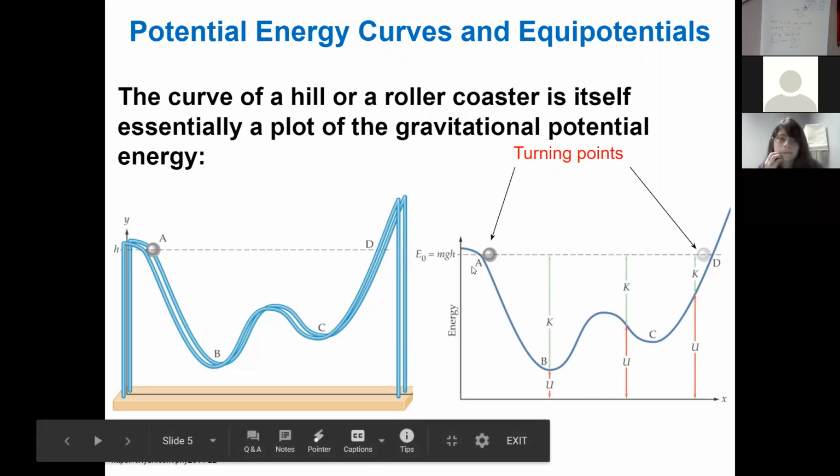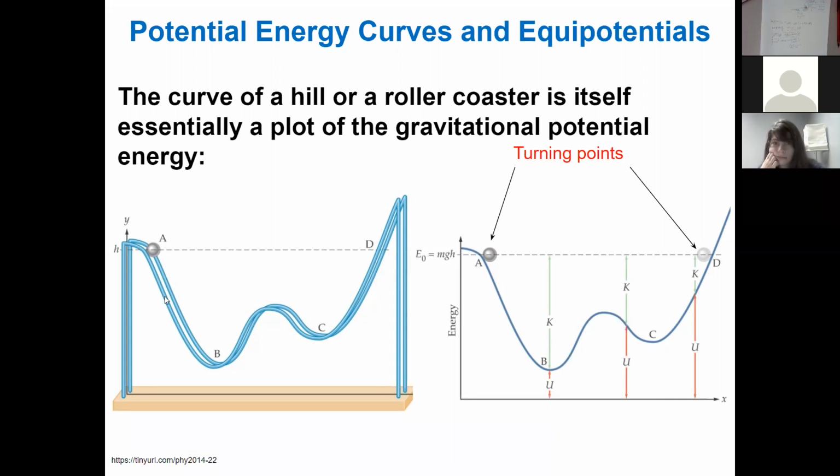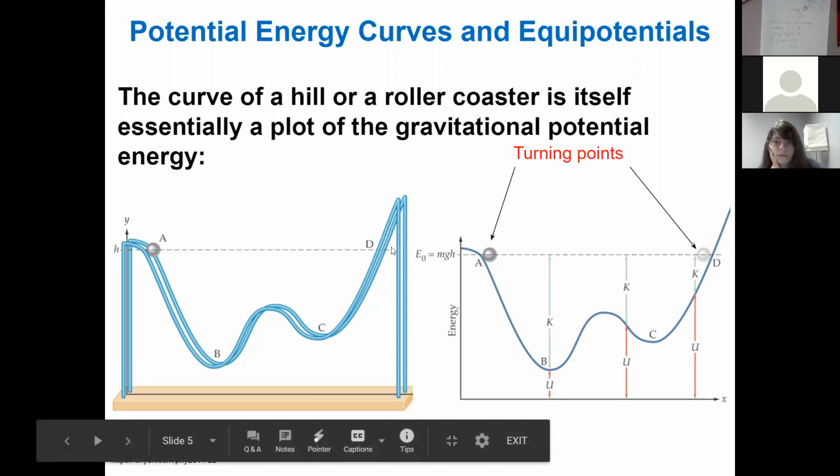So then you can plot the total energy versus x. It will look very similar to the shape of the track. So basically, the y position will determine the potential energy of the ball.